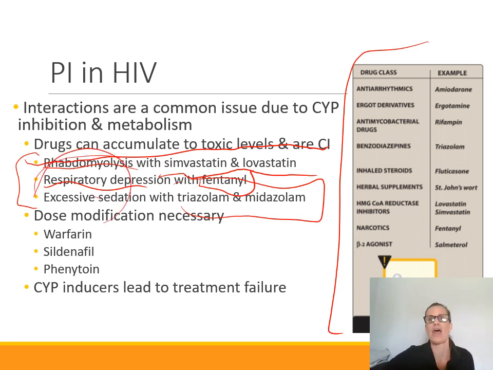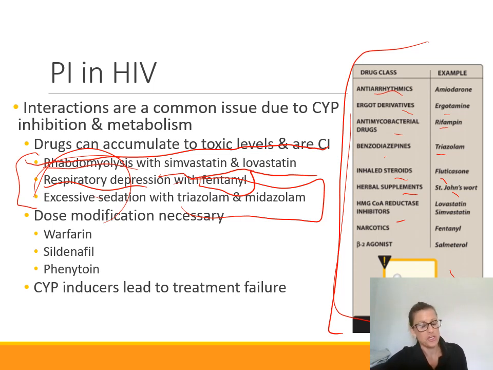Respiratory depression, rhabdo, these are big deals. So all of these drug classes and individual agents are things that you'll need to be careful with when giving a protease inhibitor because the inhibitor is inhibiting the metabolism of these agents.